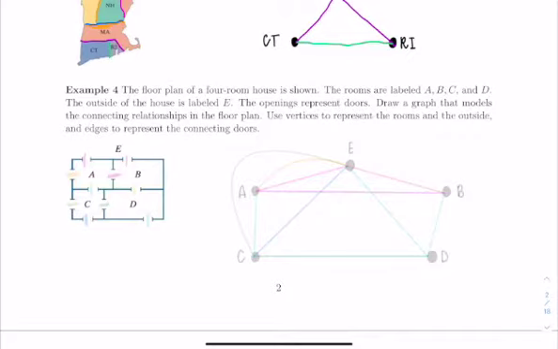Just like in the previous problems, I'm going to try and put my labels close to where they are in the original graph. So I have E that's outside here.